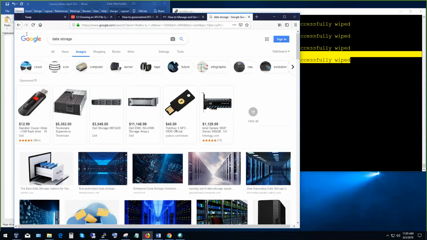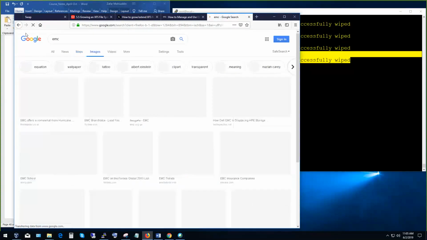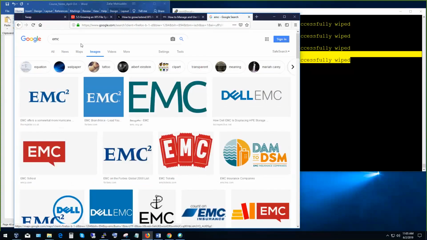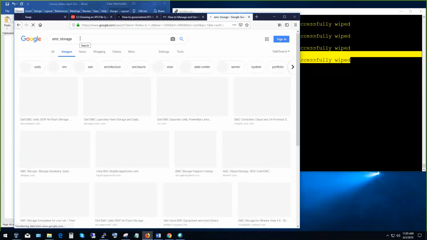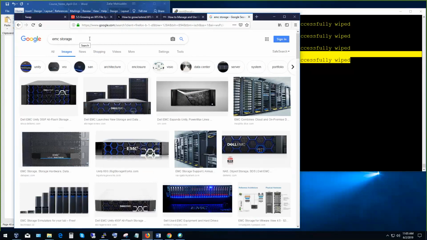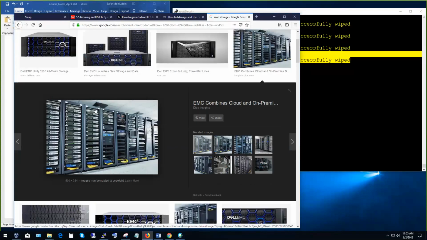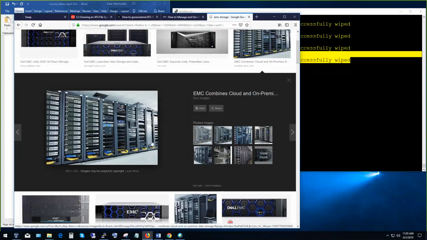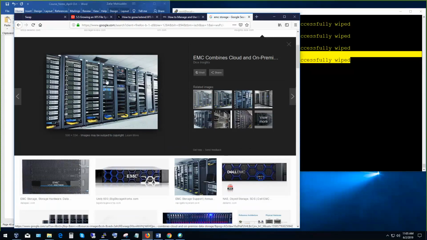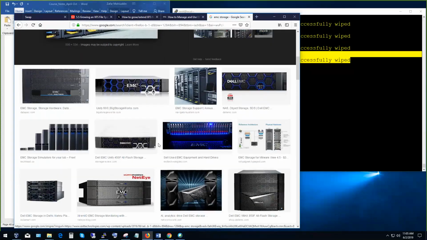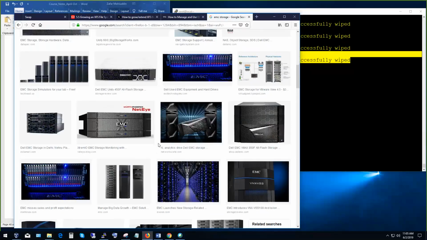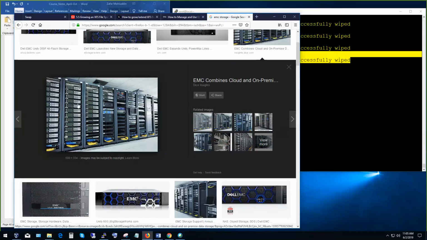EMC, right? EMC is the big name. Okay, see, these are all rows and rows of storage here. So all the backup and everything is done here, and all this is handled by a different team, okay? So you don't have to worry about it. But if you want, you could go in there, and it's a good high-paying job too, storage.